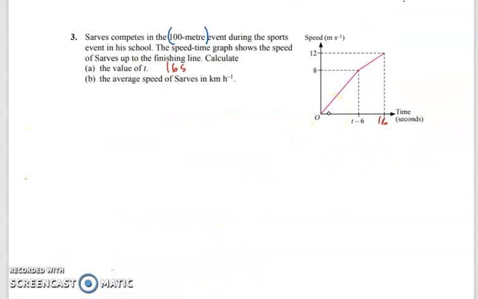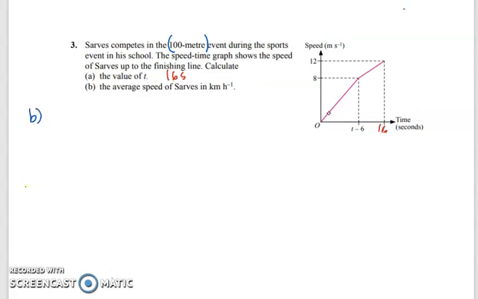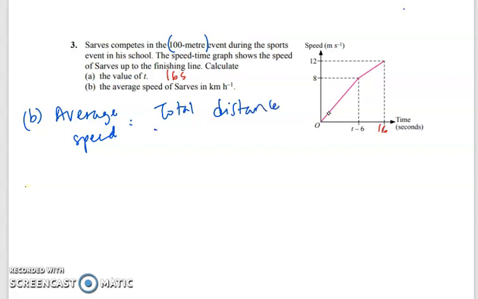Next, we need to find the average speed of Sarvez in kilometers per hour. Okay, so first things first, we find the average speed. Average speed is equal to total distance over total time.